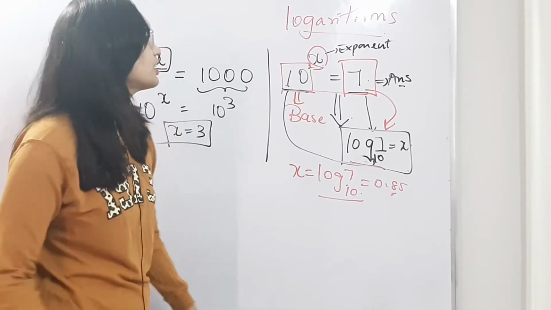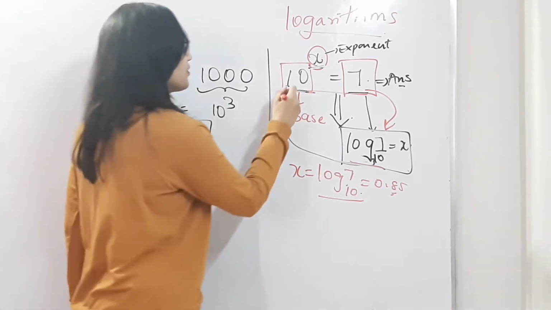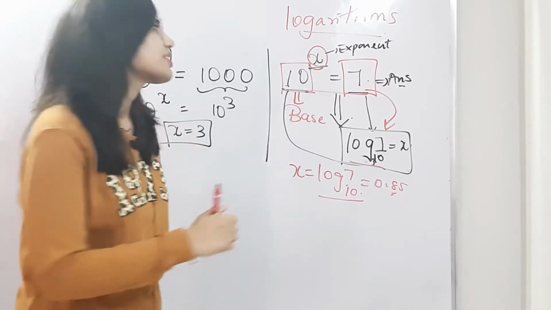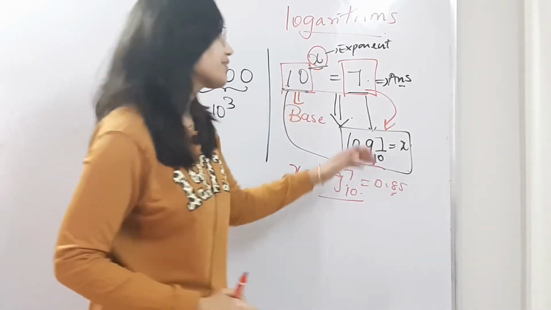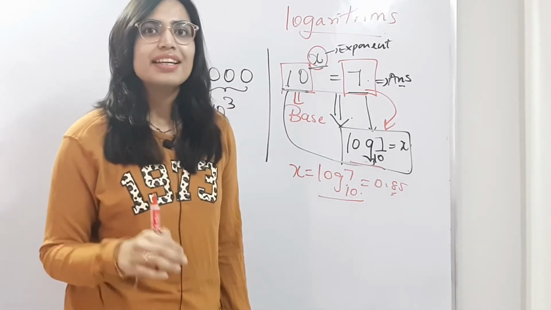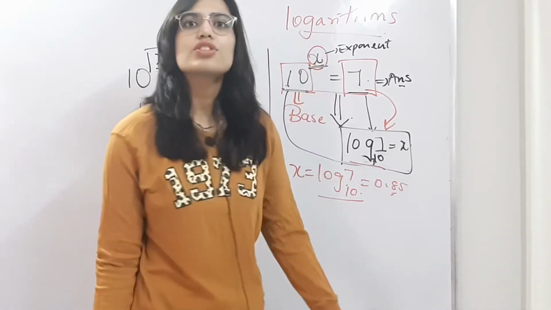In short, if a power x must be raised to 10 and it gives you a certain value n, then in order to determine the value of x, we use logarithms.